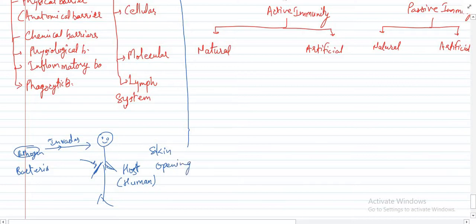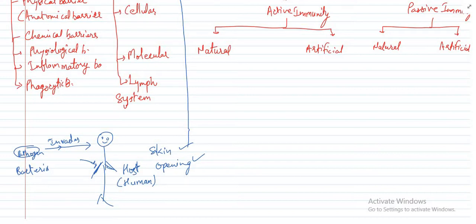Whenever they enter through our openings, they find that there are lots of barriers. There are some glands. These are a physical barrier, anatomical barrier. These glands secrete some chemicals which can kill the pathogens.